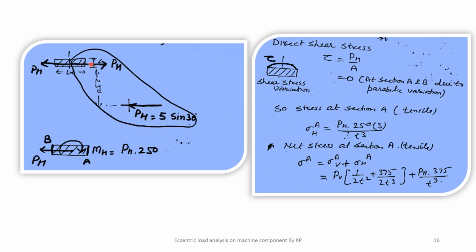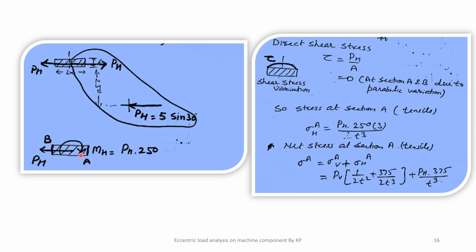So at this point we applied forces PH and PH, which are equal and opposite, so they will nullify the effects of each other. The force acting in the negative x direction and this force acting in the positive x direction will form a clockwise couple whose value is equal to PH into the distance between these two forces. The distance between these two forces is 250. So PH into 250 is the clockwise couple applied on this cross section.